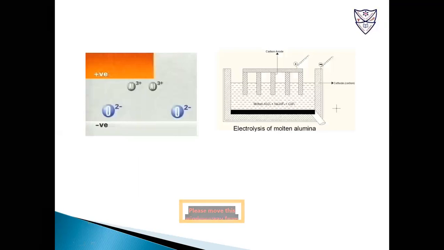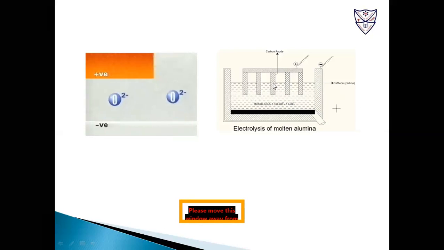As you can see here, this is the electrolysis setup for aluminum. This is the extraction form. The lower one is the cathode, and the upper one is the anode. Both are carbon electrodes, and here you have molten aluminum oxide.